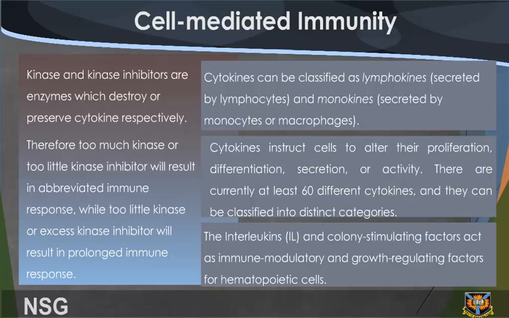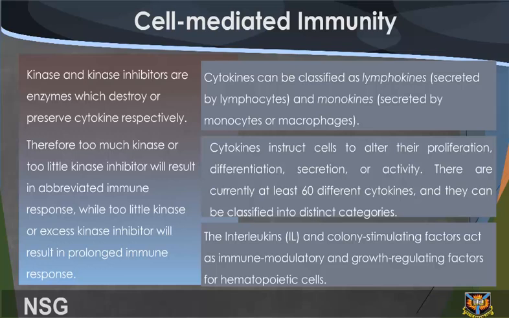Cytokines can be classified as lymphokines secreted by lymphocytes and monokines secreted by monocytes or macrophages. Cytokines instruct cells to alter their proliferation, differentiation, secretion, or activity. There are currently at least 60 different cytokines, and they can be classified into distinct categories.